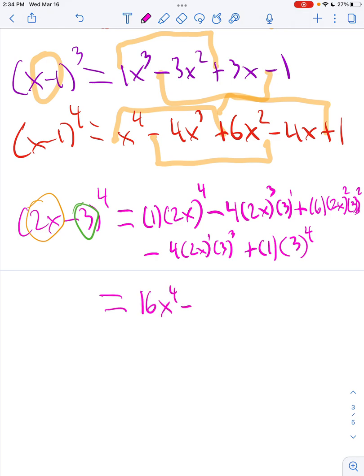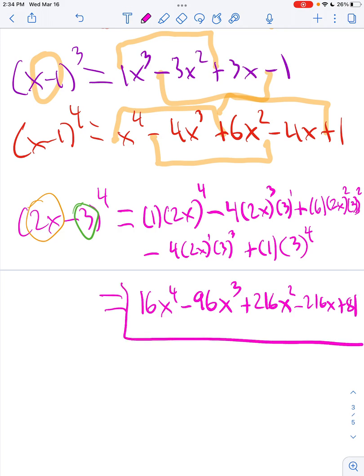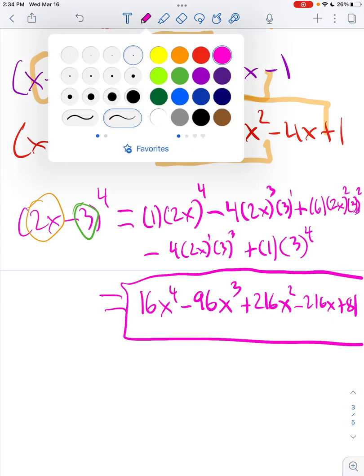After you go through, that's going to be a lot of simplifying. 2 squared is 4, so we get 16x to the fourth minus 96x to the third plus 216x squared minus 216x plus 81. So that's what this expression would be expanded all the way out.